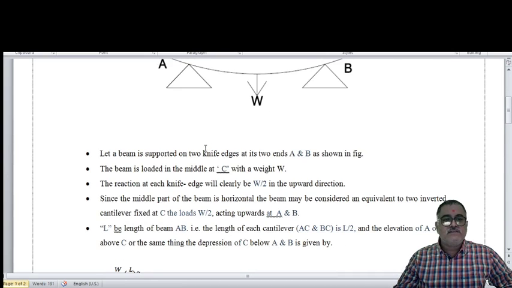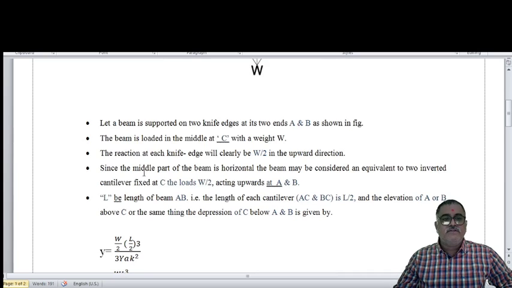Again, we can say that the middle part of the beam is horizontal. The beam may be considered equivalent to inverted cantilevers.